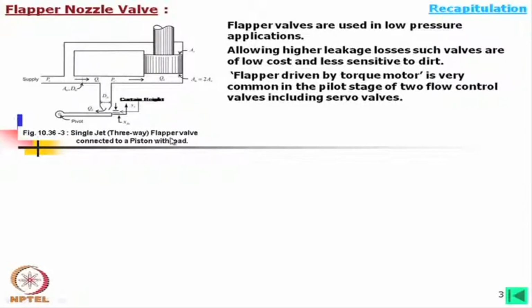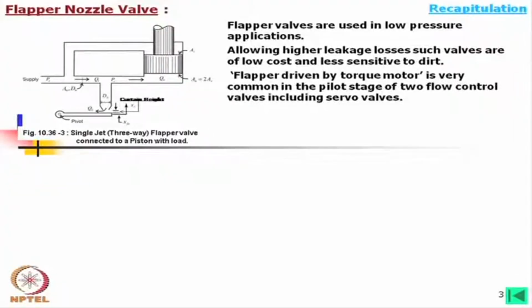Now, that four-way spool valve is again used to actuate another spool valve, which is also four-way, which is actually the main stage of the valve, because in many cases the load is so high that if you use a single stage spool, it becomes difficult to control that spool. The spool force is very high, and with high force, control becomes difficult.